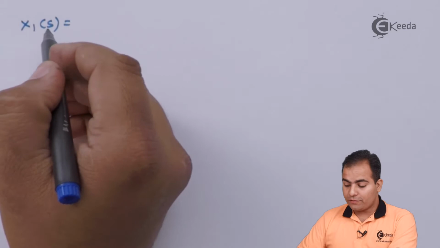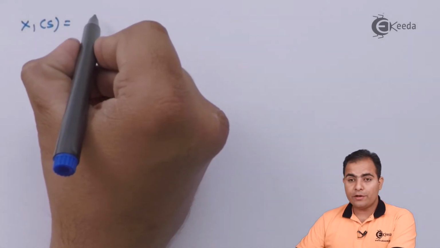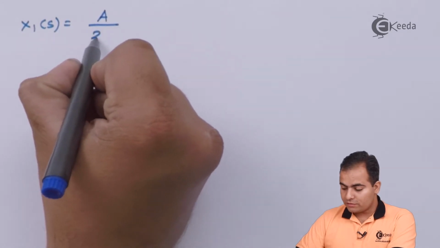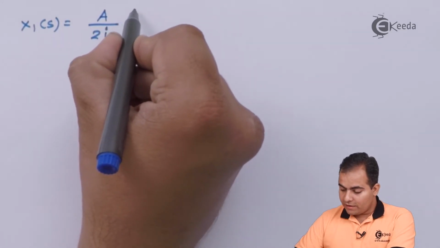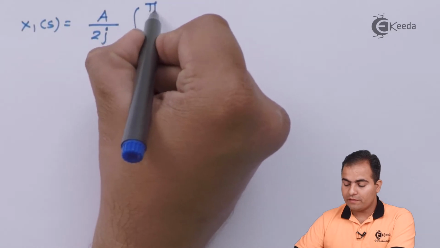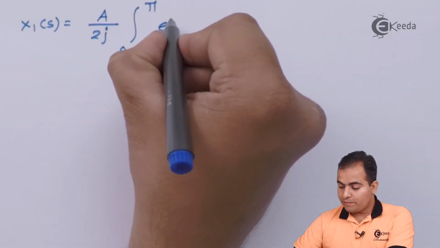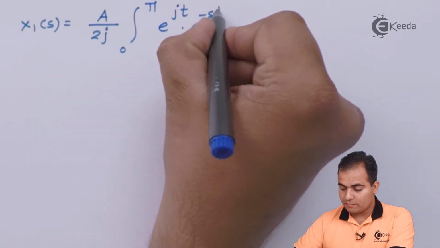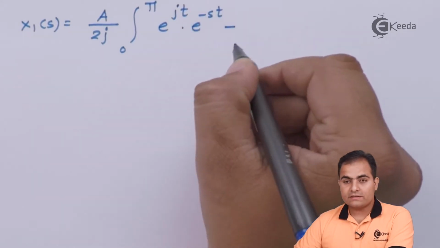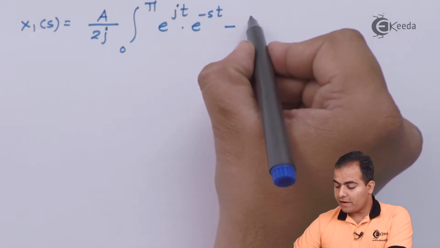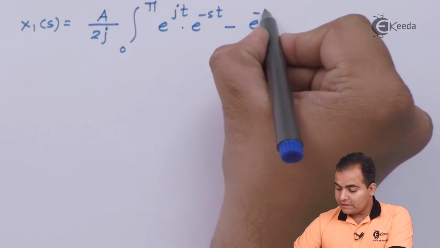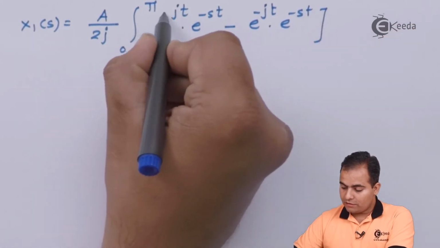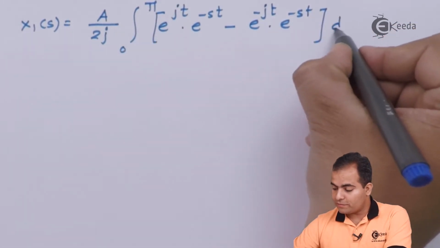Now X1(s): as I told you, I am going to take 2j common because it's a constant, so A by 2j, and in the integration we have the product e to the power jt multiplied by e to the power minus st, minus, in the other bracket, e to the power minus jt into e to the power minus st, and this whole part is integrated with respect to time t.